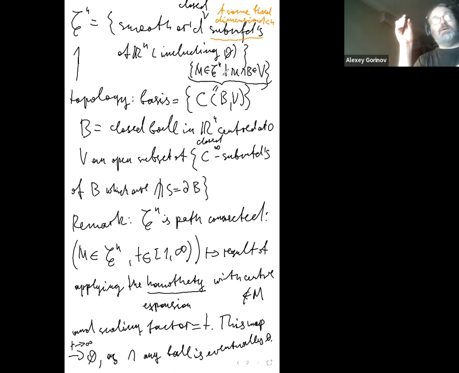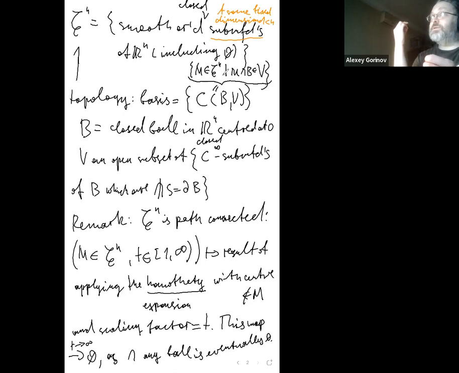So again, we now consider submanifolds of the ball. What is V? We require those submanifolds to intersect the sphere, which is the boundary of the ball, transversally, and we also require that the boundary of those submanifolds, if they have a boundary, should be the intersection with the sphere.